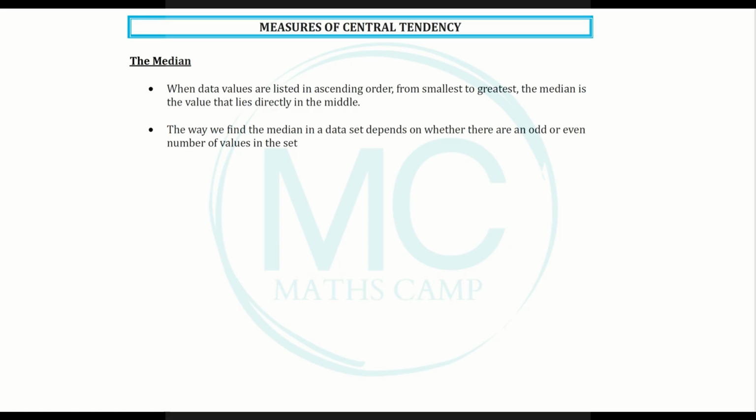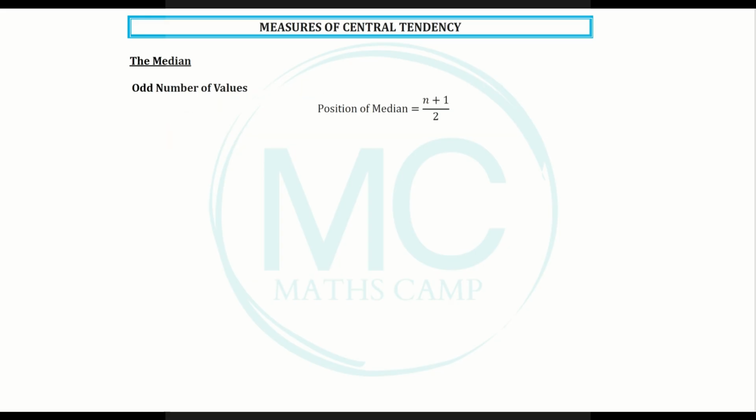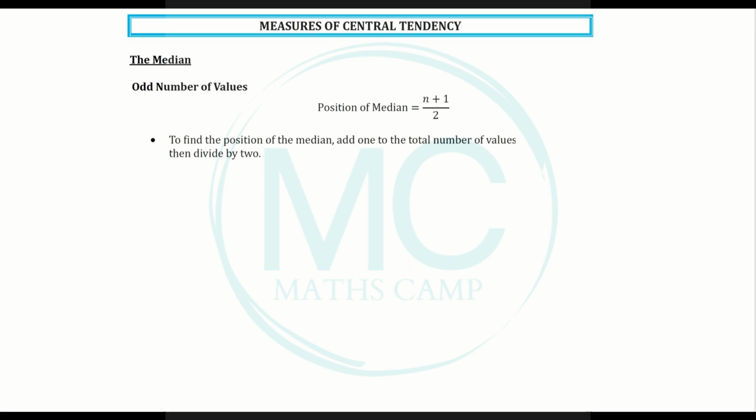To find the median with an odd number of values, we say the position of the median is equal to n plus 1 over 2. To find the position of the median, add 1 to the total number of values in the set, and then divide by 2. Then, in the set, start with the lowest value and count that many places. This will be your median.